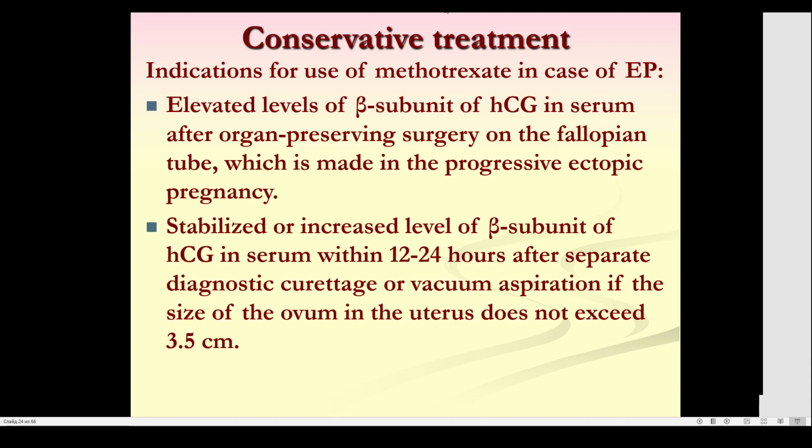Indication for use of methotrexate in case of ectopic pregnancy: elevated levels of beta subunit of HCG in serum after organ-preserving surgery on the fallopian tube, which is made in progressive ectopic pregnancy. Or in case of stabilized or increased level of beta subunit of HCG in serum within 12 or 24 hours after separate diagnostic curettage or vacuum aspiration, if the size of the ovum in the uterus does not exceed 3.5 centimeter.